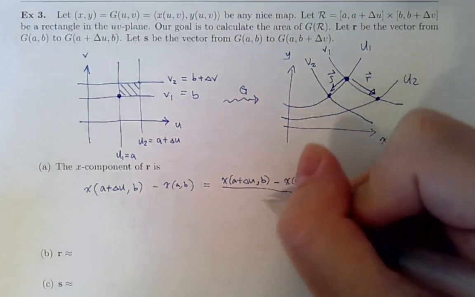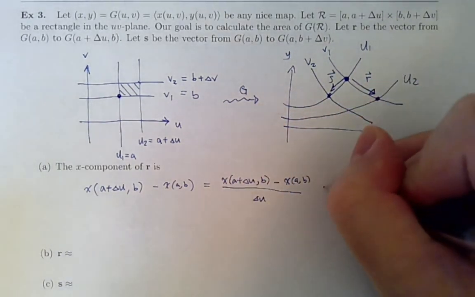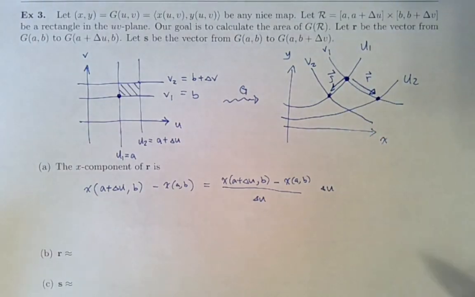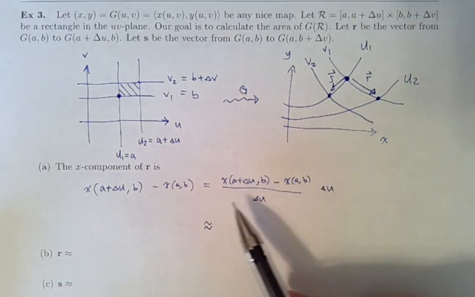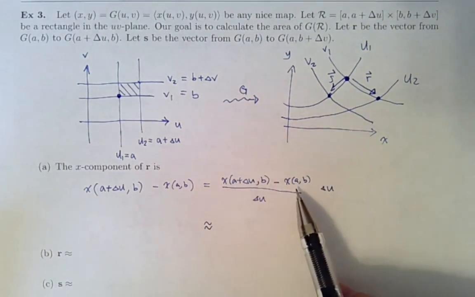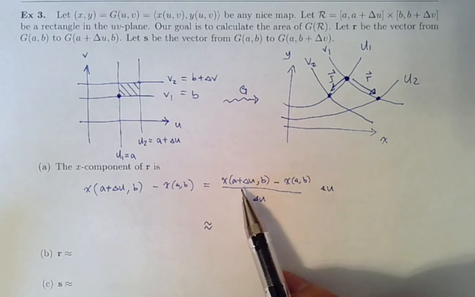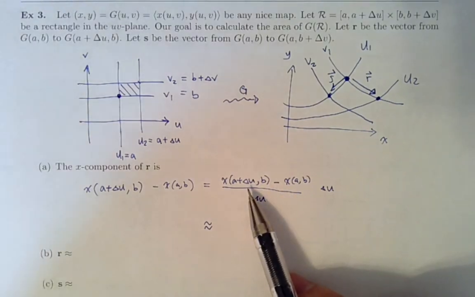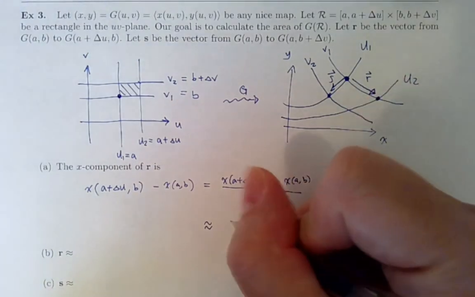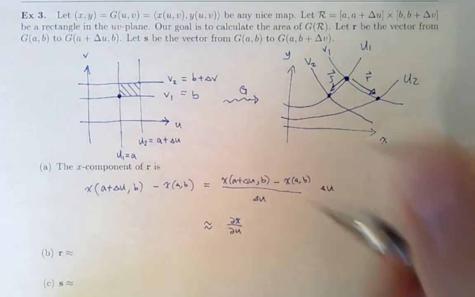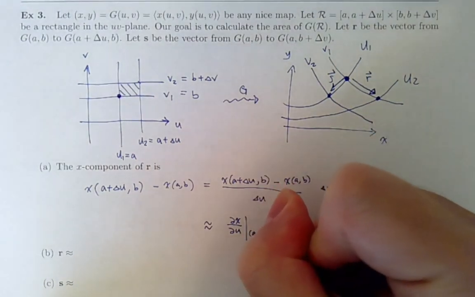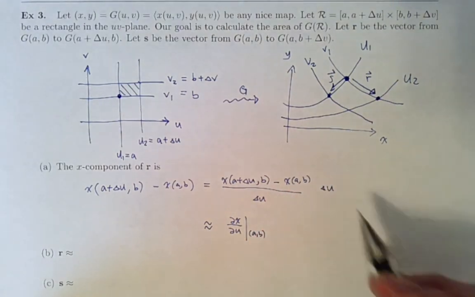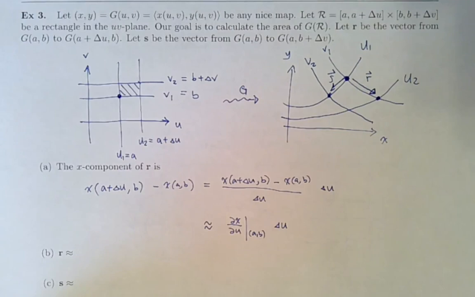And I'll divide by delta U and also multiply by delta U. Now, if we have this, then I can write this as approximately equal to, what is that? That's the partial derivative with respect to x, with respect to U, with respect to the first variable. Partial derivative of x with respect to u evaluated at A, B, times delta u. I'll drop the evaluated part.